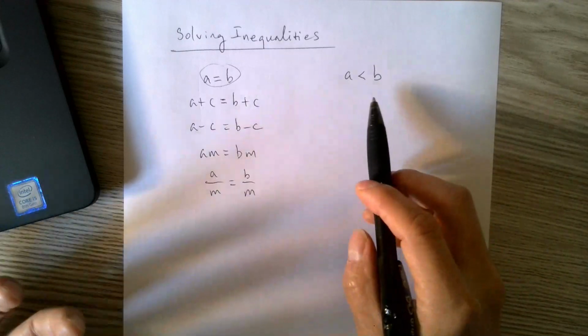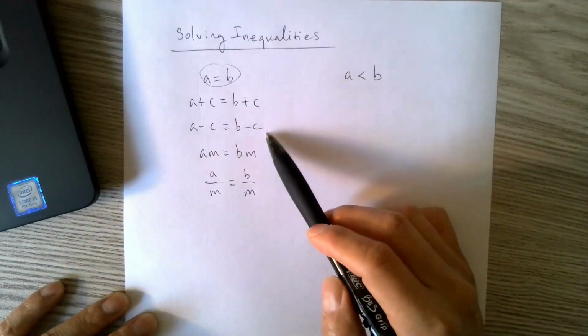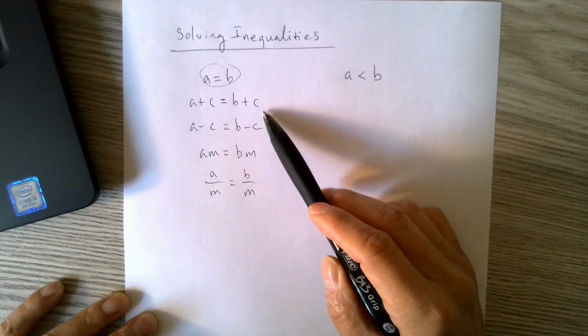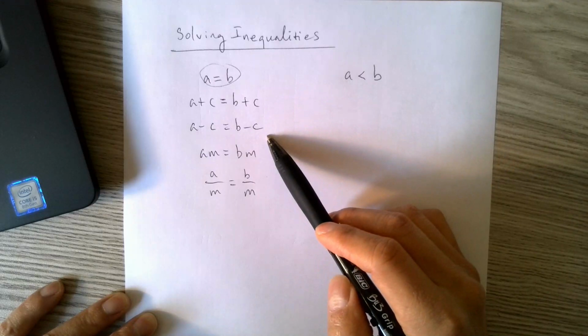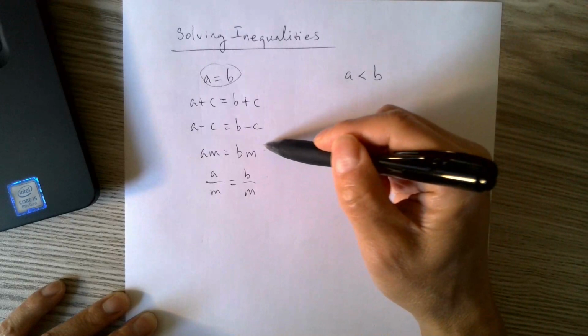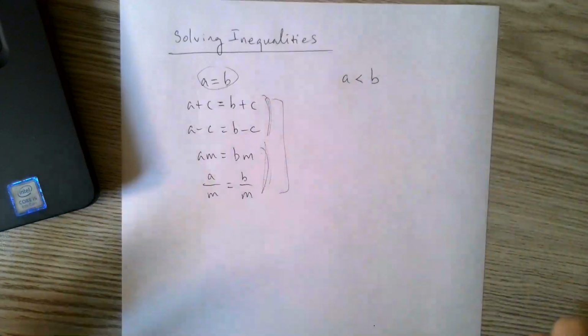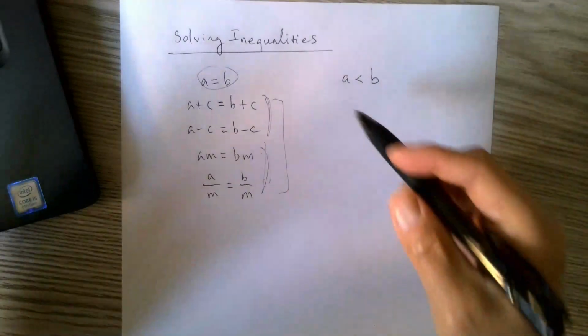Or does something else weird happen? That's the question. Does it happen the same way whether we add or subtract, or whether we multiply and divide? Or does something different happen when we do this versus this? Or does the same thing happen when we do all four things? That's what we're going to investigate.